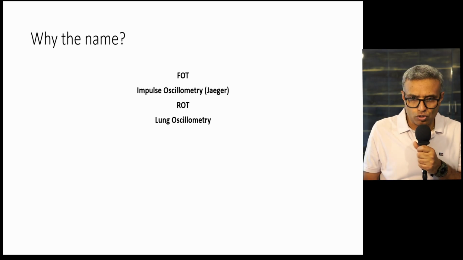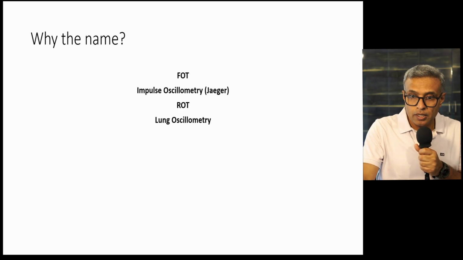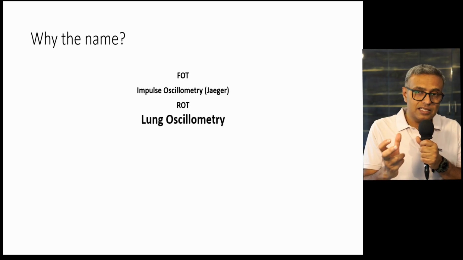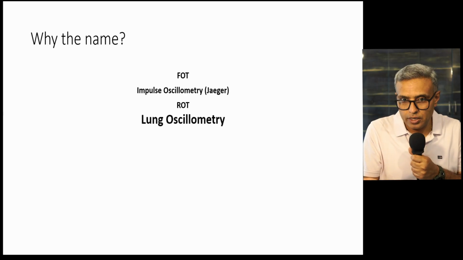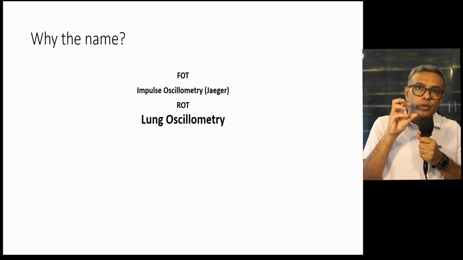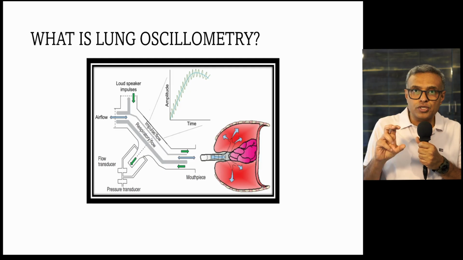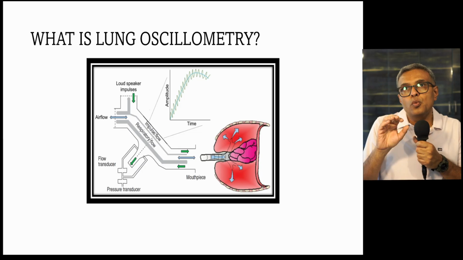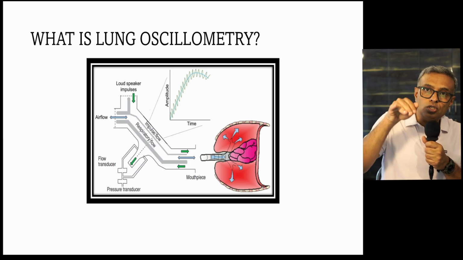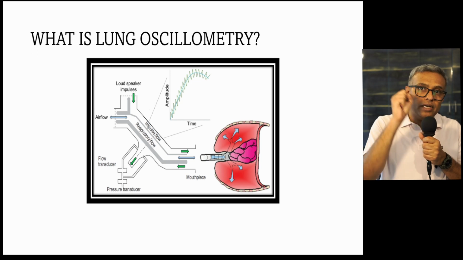There are many names given for this: forced oscillometry, impulse oscillometry, respiratory oscillometry, and lung oscillometry. This signifies what oscillometry is all about, and that is the superimposition of sound waves, which are basically pressure waves, on the tidal volume. Whenever the sound waves go inside the lung and come back, they are picked up by the transducer.